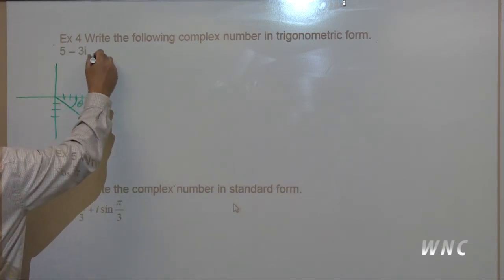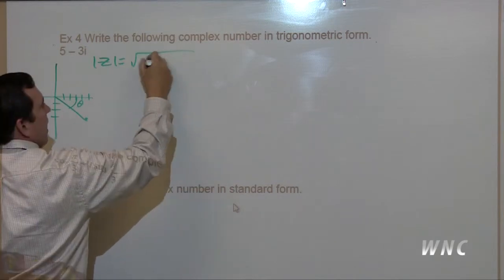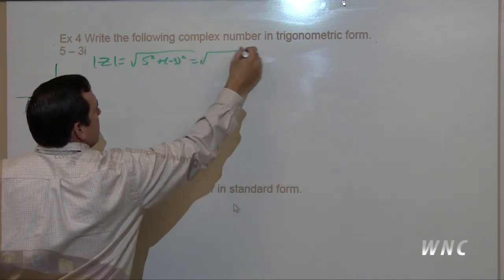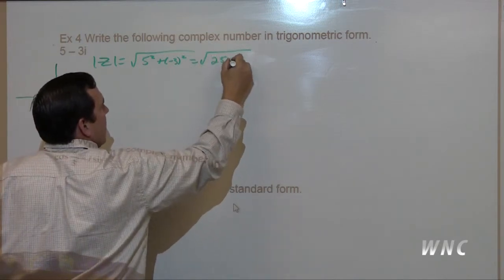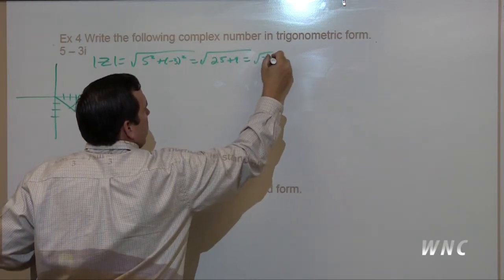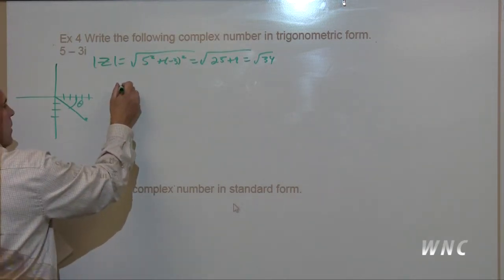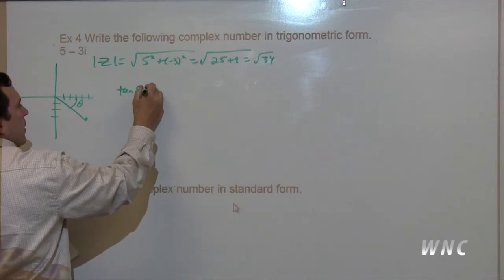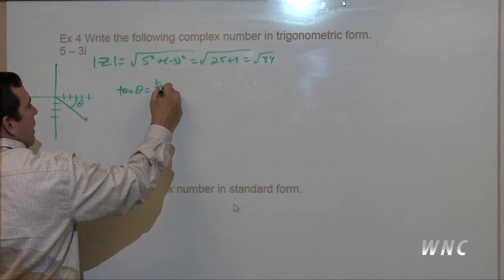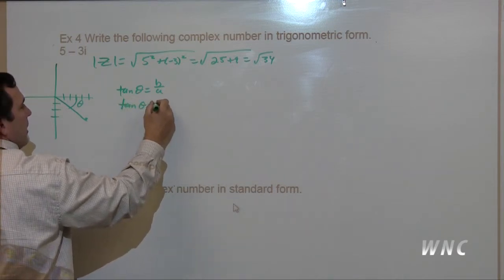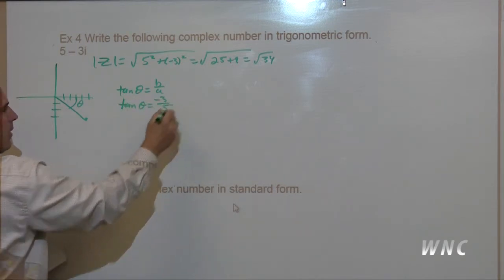So the magnitude of z is going to be the square root of 5 squared plus negative 3 squared. That's the square root of 25 plus 9, or the square root of 34. Now tangent theta is going to be b over a. So tangent theta is going to be negative 3 over 5.